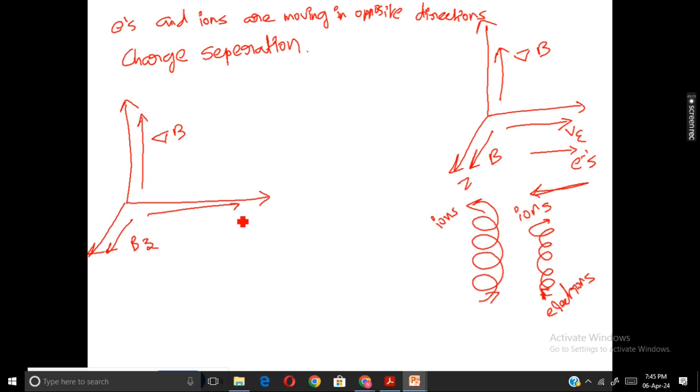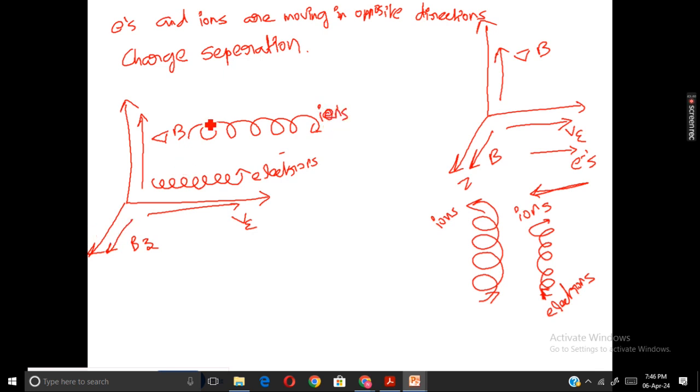This is the direction of velocity. As I said, electrons will be moving in the positive x direction like this, with a smaller radius of gyration. And in case of the ions, it will be moving like this, with a comparatively higher radius. This is electrons and this is ions.